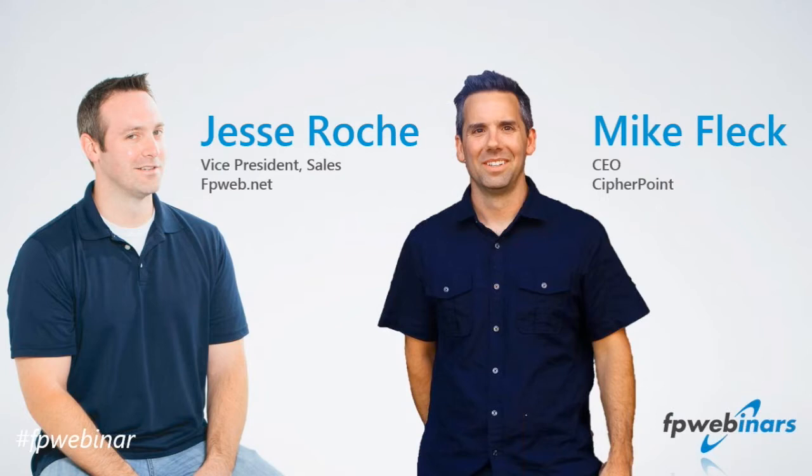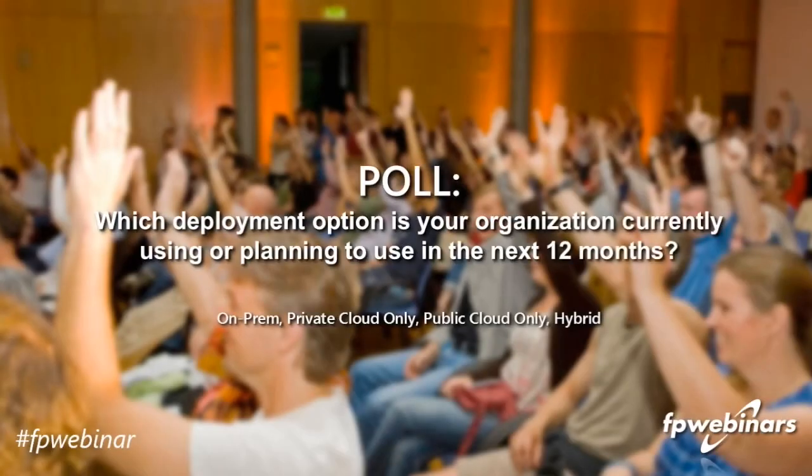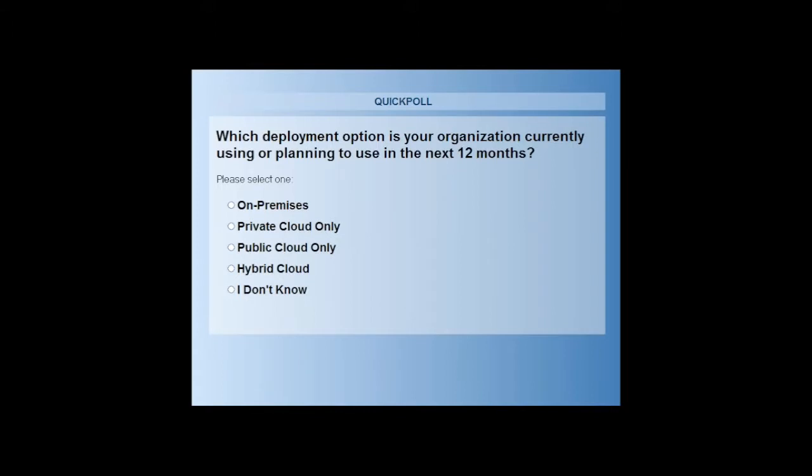Great. Thanks, Mike. We're actually going to start off with a quick poll. If everyone would take a look at the question that's about to be on your screen, and that is which deployment option your company is using today or planning to use in the next 12 months. This just helps us with engaging topics for these webinars and can also confirm what we're seeing in the cloud world. We'll give you just a minute to answer. Okay, we're just about done.